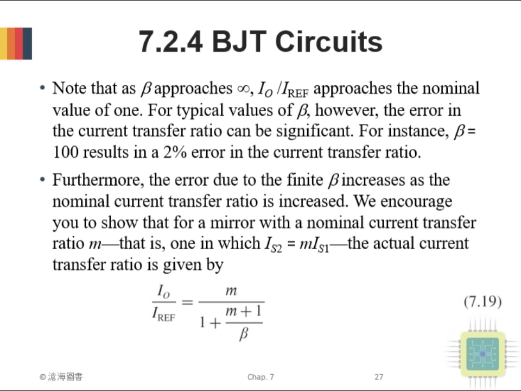For instance, beta equals 100 results in a 2% error in the current transfer ratio. Furthermore, the error due to the finite beta increases as the nominal current transfer ratio is increased. We encourage you to show that for a mirror with a nominal current transfer ratio M, that is one in which IS2 is equal to M times IS1, the actual current transfer ratio is given by equation 7.19.